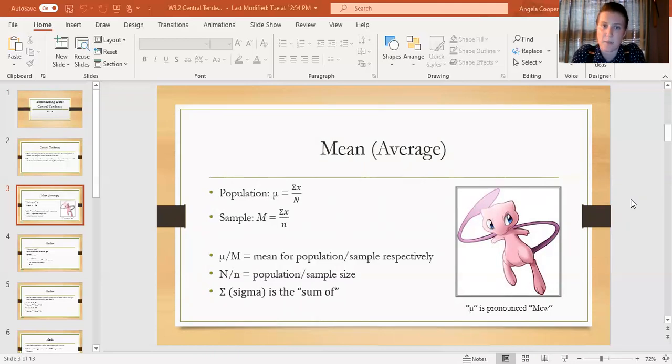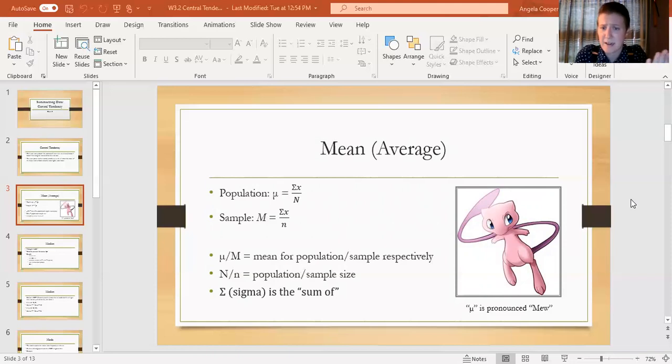That is the sigma that represents sum. There's another sigma that we'll talk about later, but for now, that is the sum. So the sum of all the scores, that's what X represents, and then dividing by the population size. And for population, mu is representative of the mean.